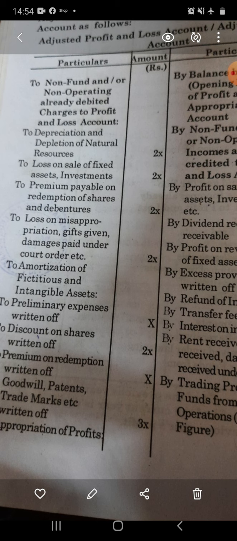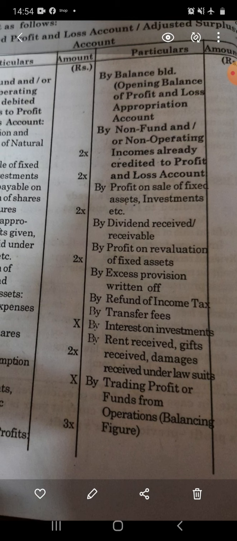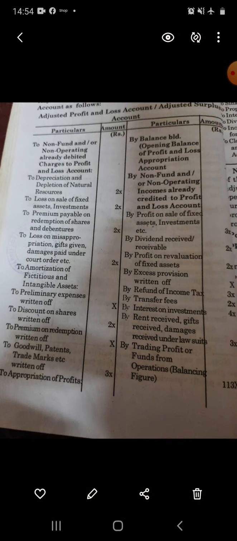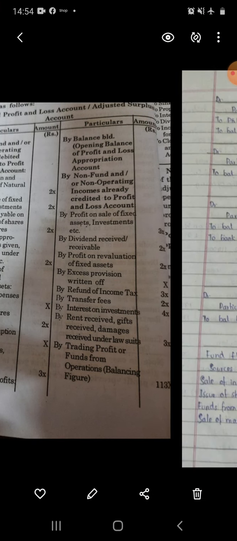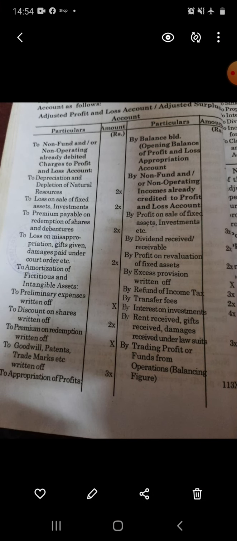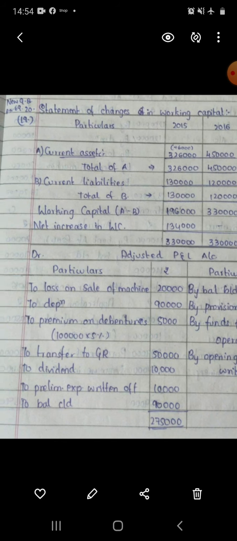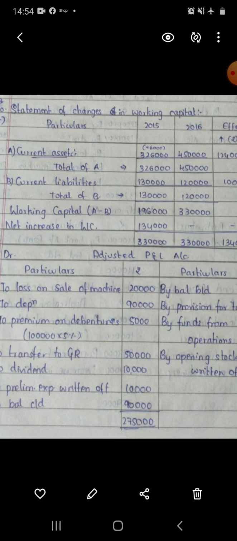We have to enter all the expenses under the debit side, and under the credit side by balance brought down, the opening balance of profit and loss account, we have to write. What? Funds from operations.